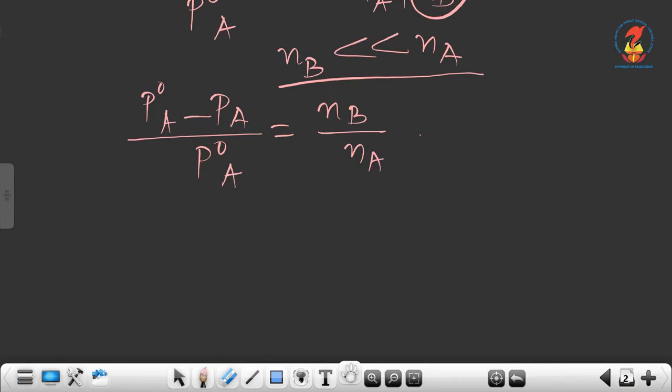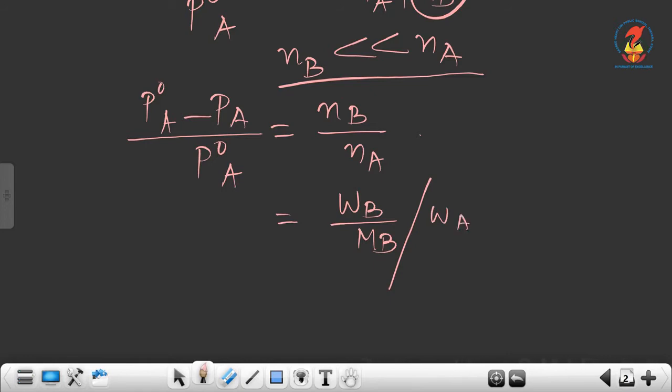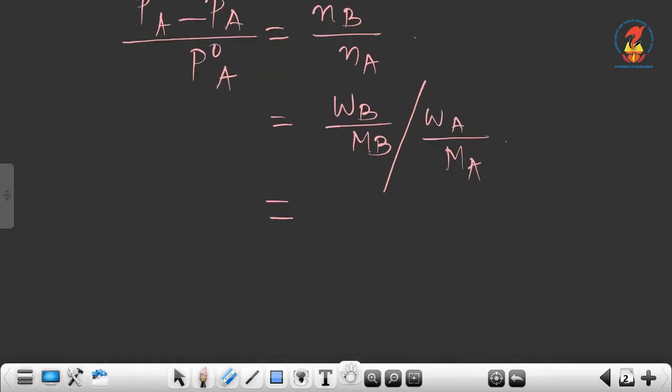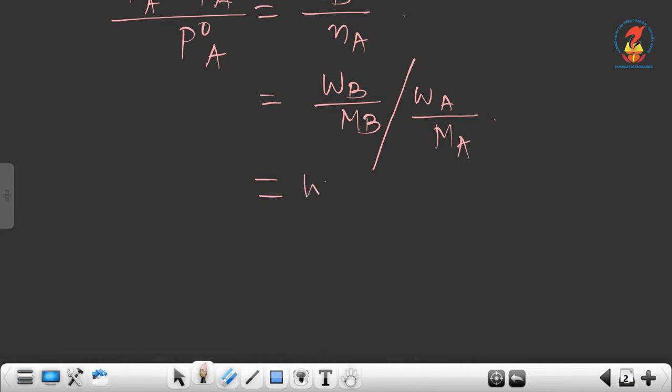Now we are going to substitute for NB and NA. We know that NB is equal to given mass by molar mass. It is WB by MB, divided by NA, which is WA by MA. Or we can write this as WB into MA divided by MB into WA.